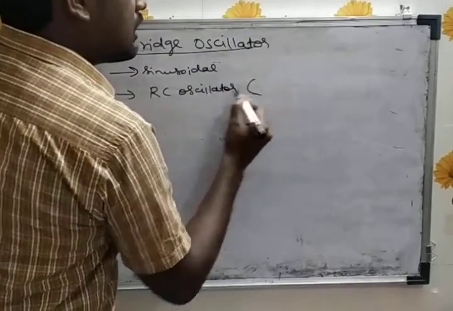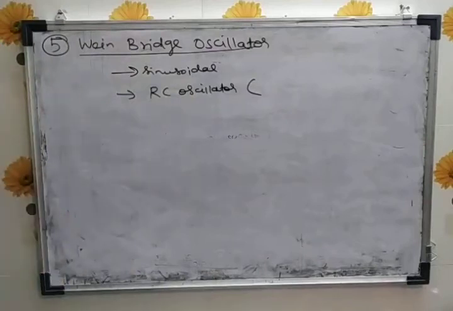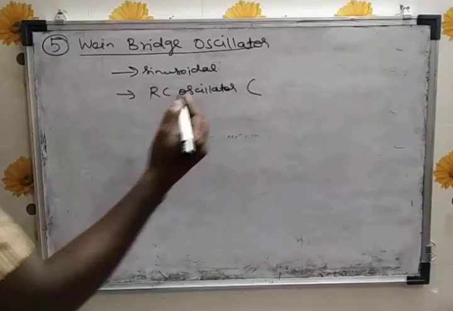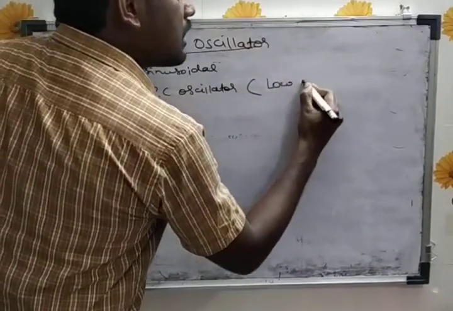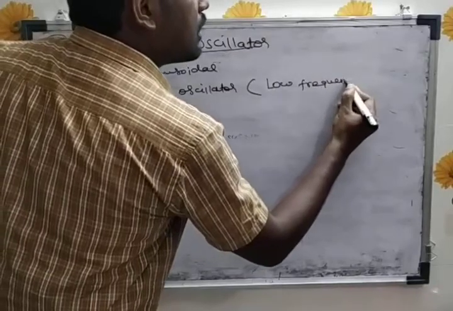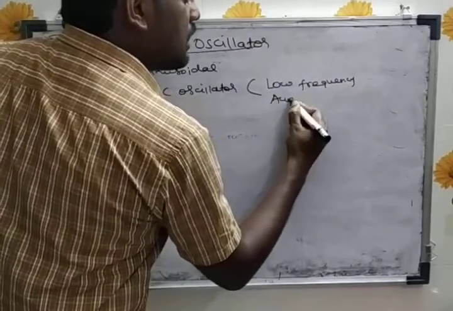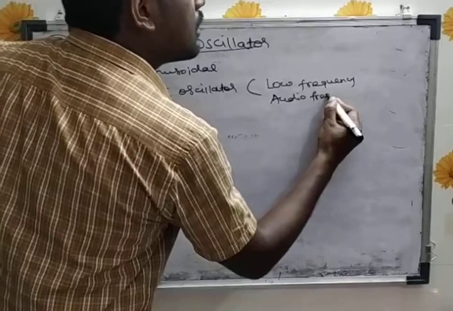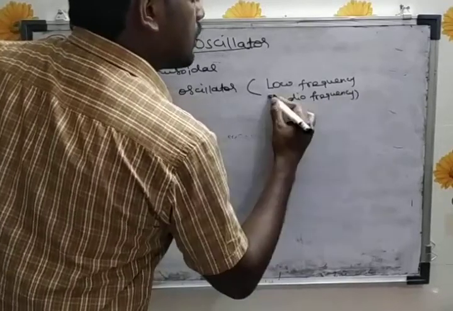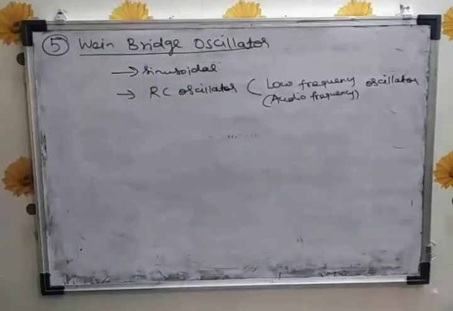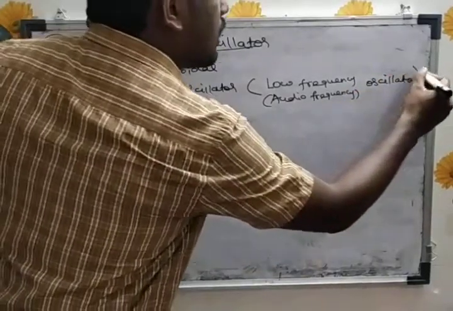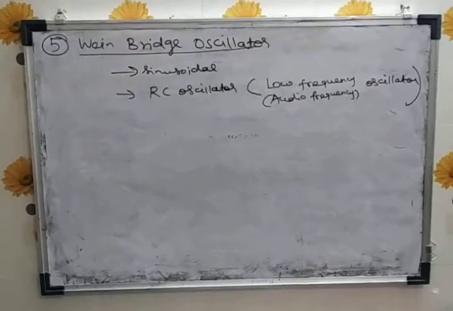That is, it can generate up to some kilohertz range only. It is also called a low frequency or audio frequency oscillator.